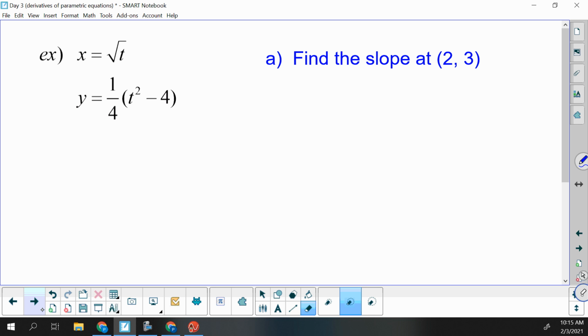All right, let's try a new example. Same type of thing. We want to find the slope of this parametric or planar curve at (2, 3). So we're going to have to do dy over dx, which is really dy over dt over dx over dt.